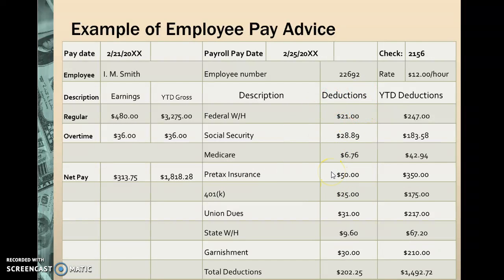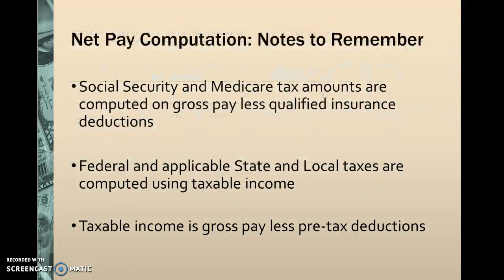Once this is taken off, you get your taxable income, and then you calculate your federal withholdings, Social Security, Medicare, union dues, state withholdings, and garnishments. Okay, and this is covered, like I mentioned, on page 128 in your book. Some notes to remember.